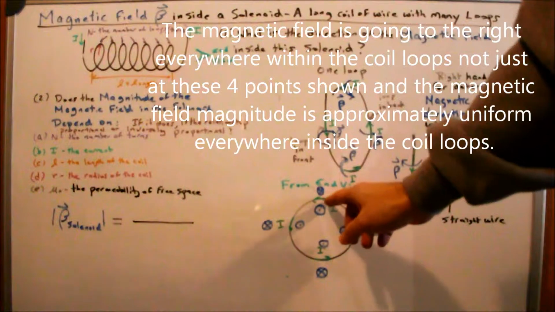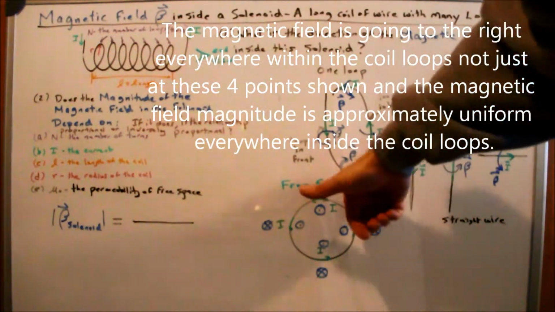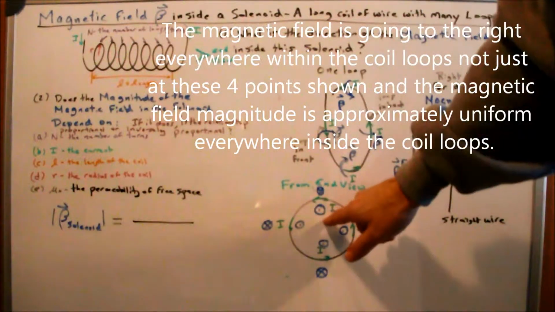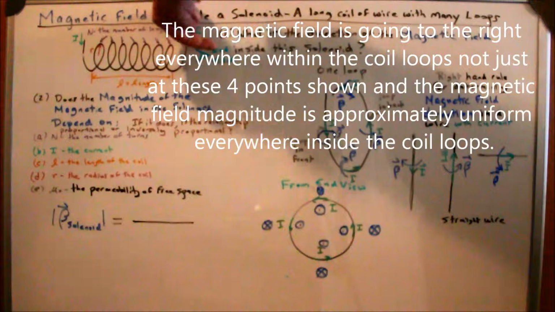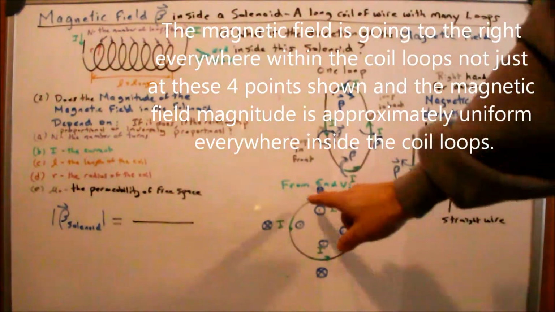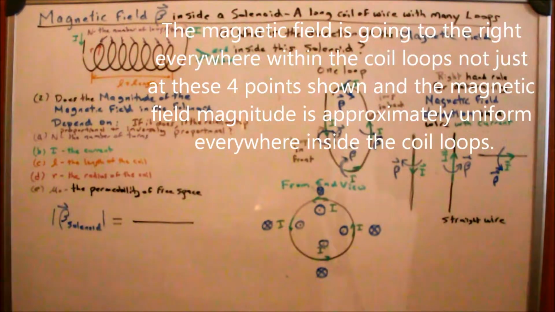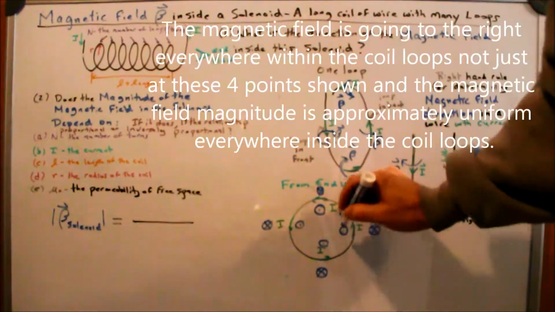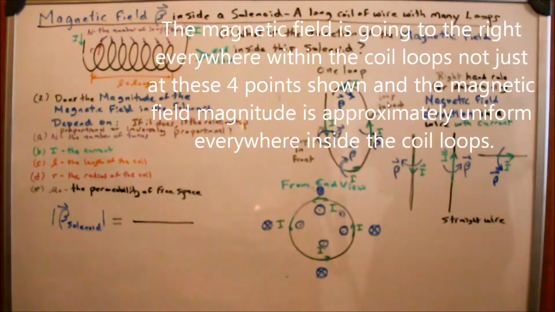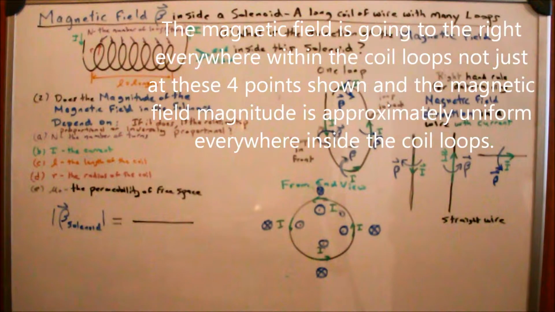I can do the same thing on the top as it's coming around: thumb in the direction of the current, inside the solenoid coils the field is coming toward my view, and outside it's going away. So you can see every little segment around this thing, every segment of current, is saying the magnetic field is going to the right inside the coil.